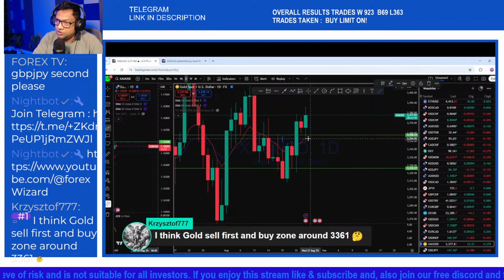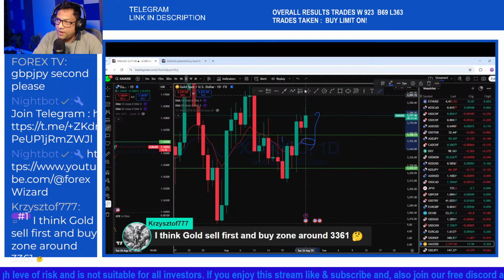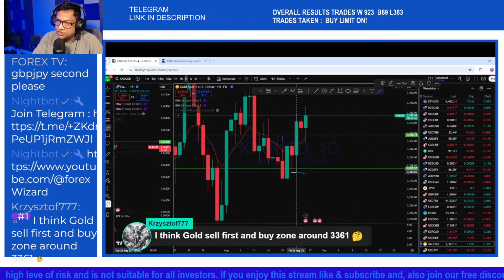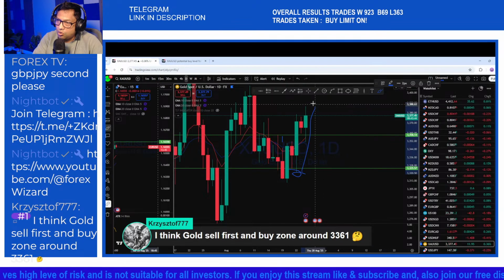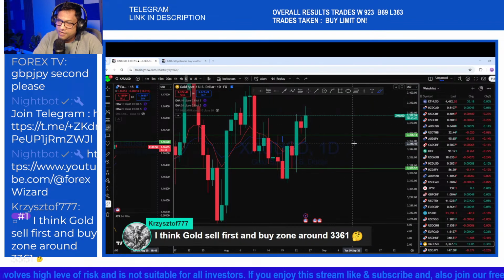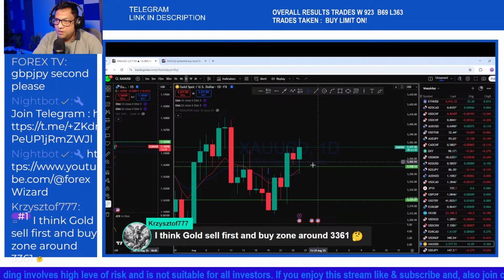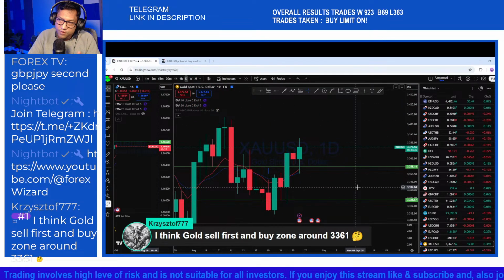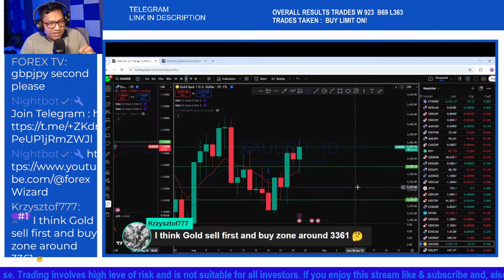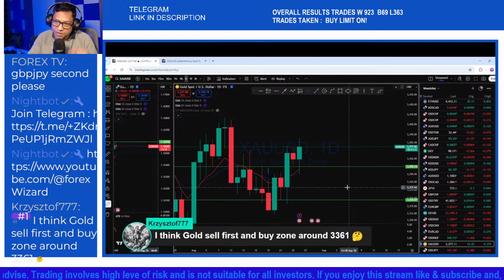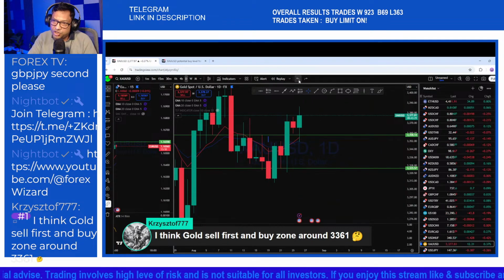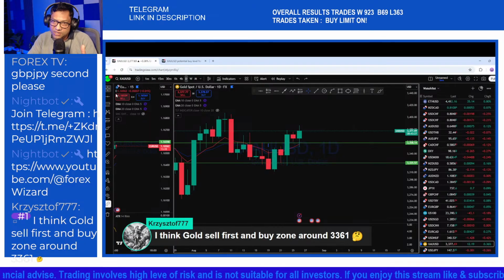The market crossed the daily low, grabbed the liquidity, and bounced back to the upside. And also you can see the market cross the daily low and cross back to the upside with bullish impulsive momentum here.